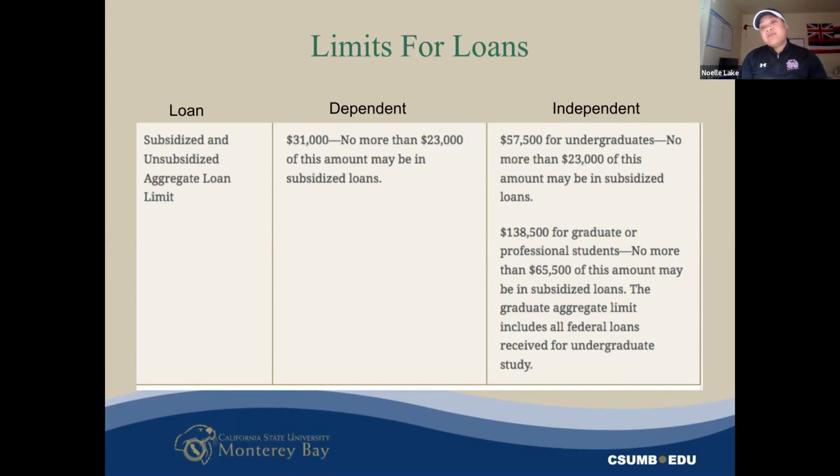Now, if you are going to be enrolled in the credential program, keep in mind that here at CSUMB, the teaching credential program is a 5th-year undergrad. So what does that mean? That means if you haven't maxed out your Pell grant or your subsidized loan, you can still use that eligibility to apply for your credential program, okay?